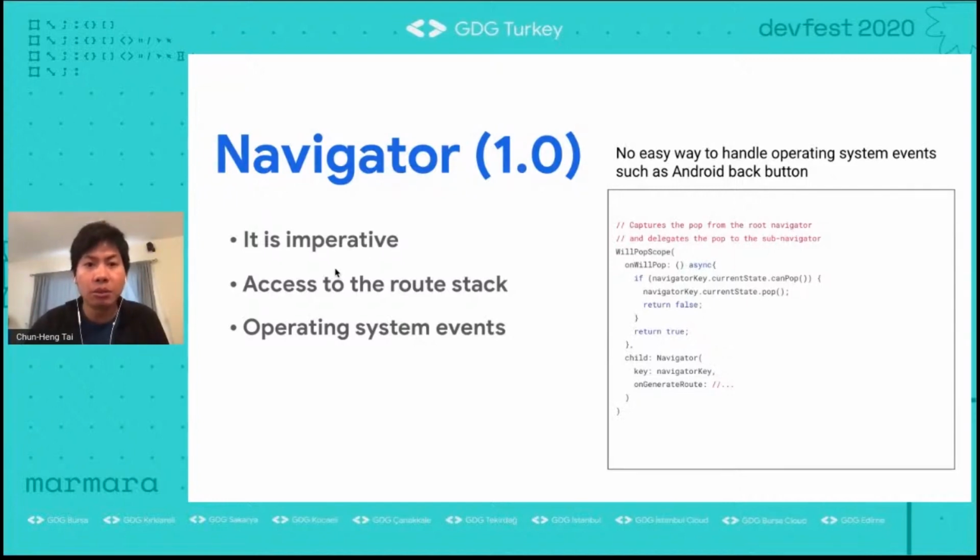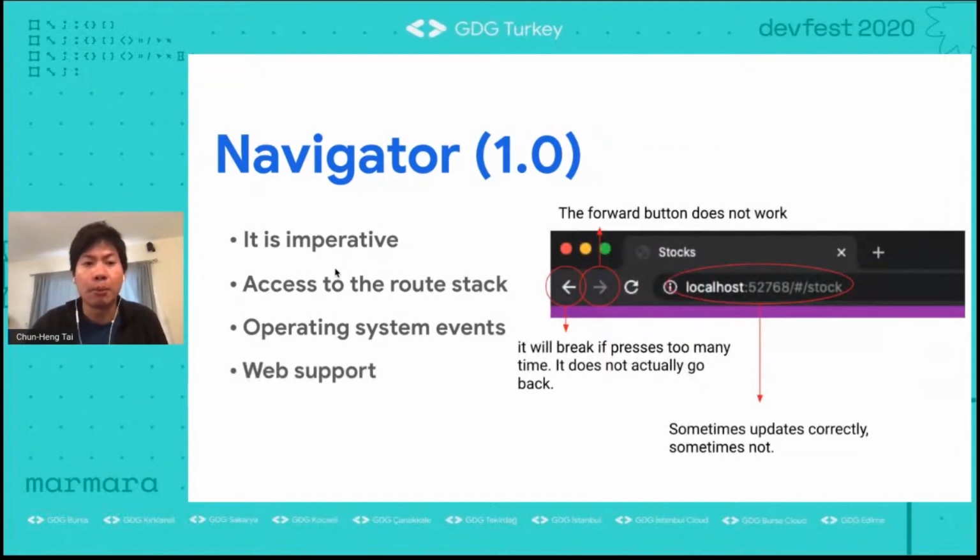If users want to do something else, they need to apply the WillPopScope widget. It tries to capture the pop on the root navigator, and then it delegates the pop to the other navigator they want. Users usually need to do this if they have multiple navigators. But if they have more than 2 navigators, the structure becomes really complicated, and it's not easy to write the WillPopScope to work for more than 2 navigators.